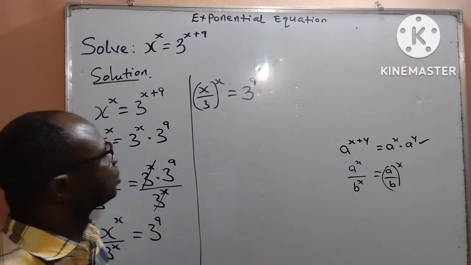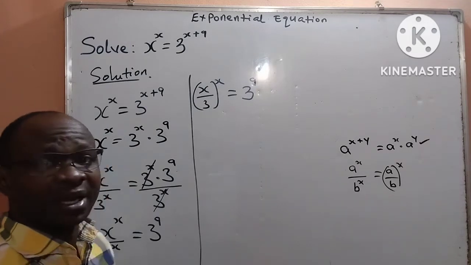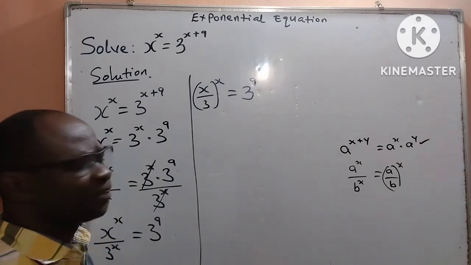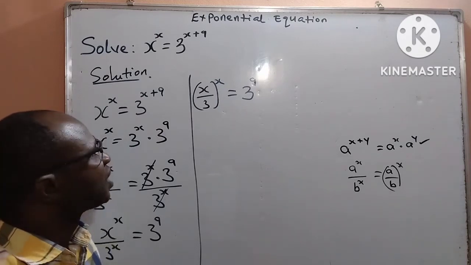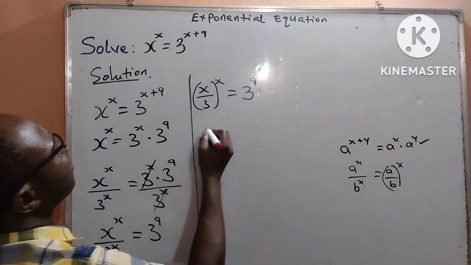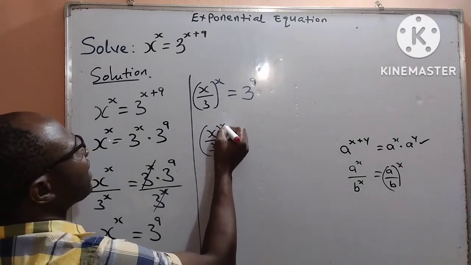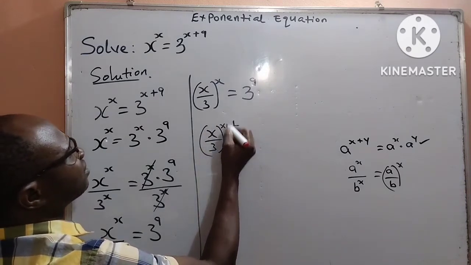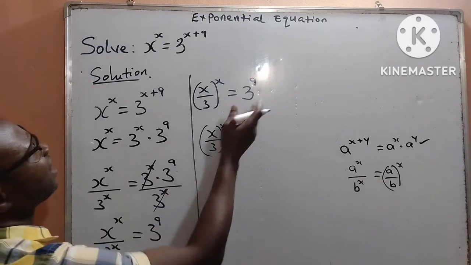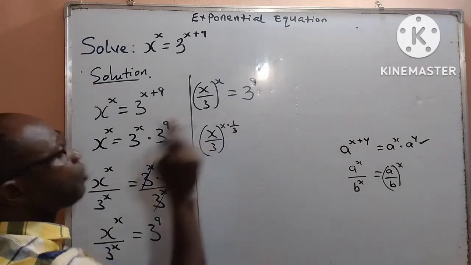The next thing I want to do is multiply the exponent, that is the power, of both sides by 1 over 9. And that implies I shall now be writing x all over 3 all to the power of x, then multiplied by 1 over 3. I want to multiply both sides of the powers of the exponents by 1 over 3.